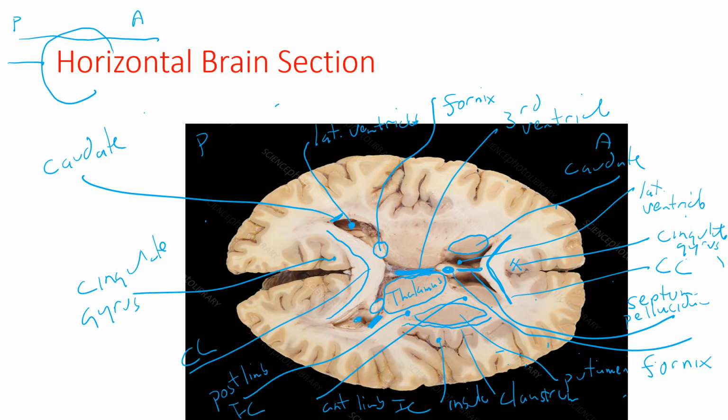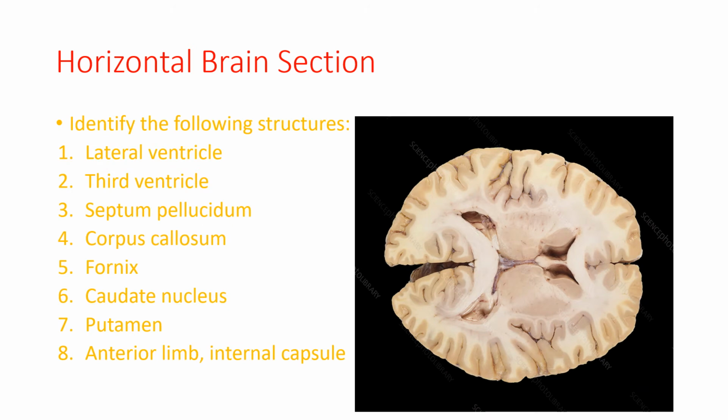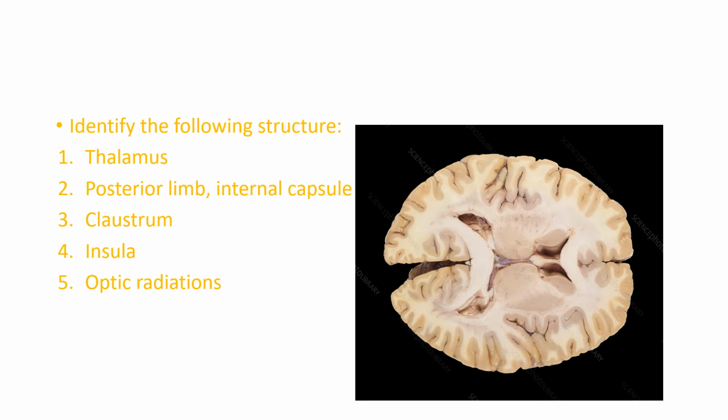So these are the structures that you will want to be able to identify on this horizontal section. Here is our image along with the list of structures that you'll want to be able to identify. And then here's just a continuation of that list.